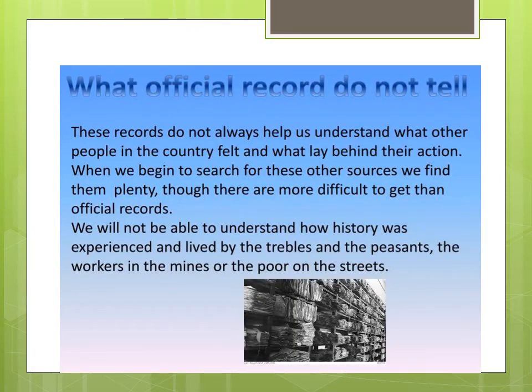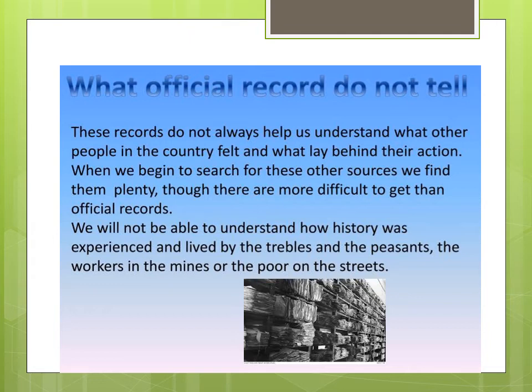Now, we will understand that when these surveys and census were being done, what was left behind, or what things the official records did not tell. We understand that the officials always wanted to show those things in which they were interested.